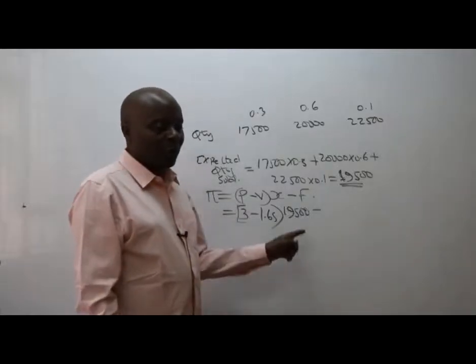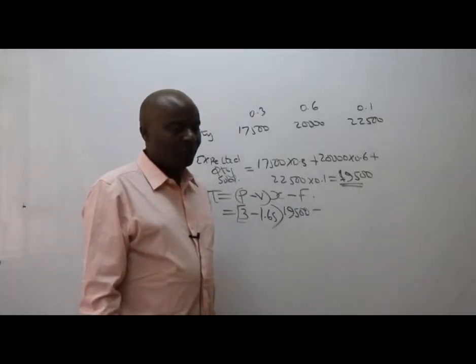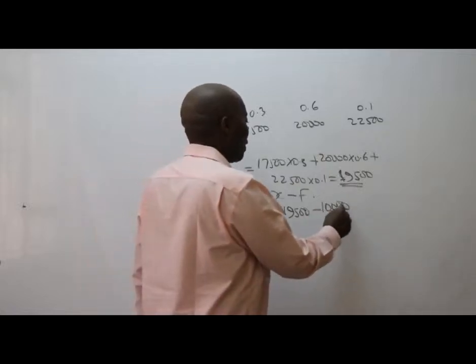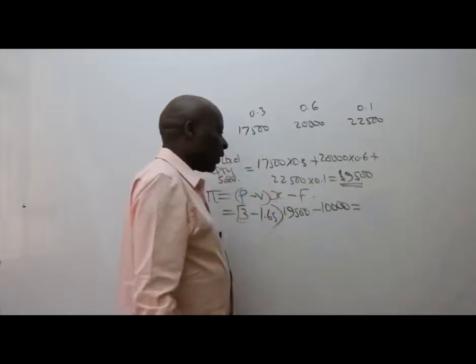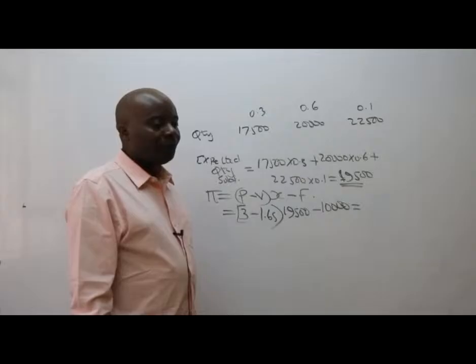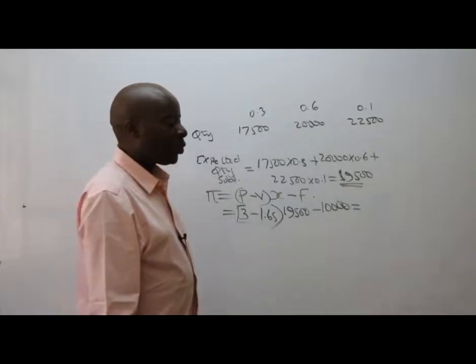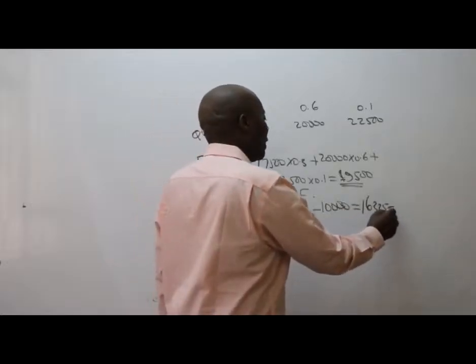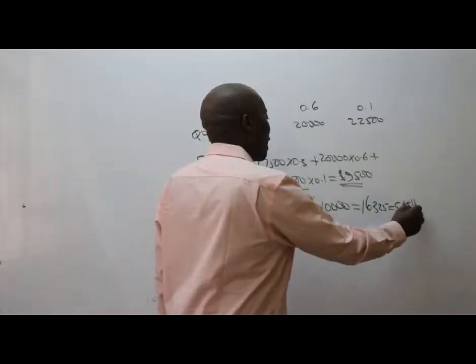Are you able to remember the fixed cost? Yeah, 10,000 Kenya shillings. So 16,325. This 16,325 automatically also becomes my cash flow.